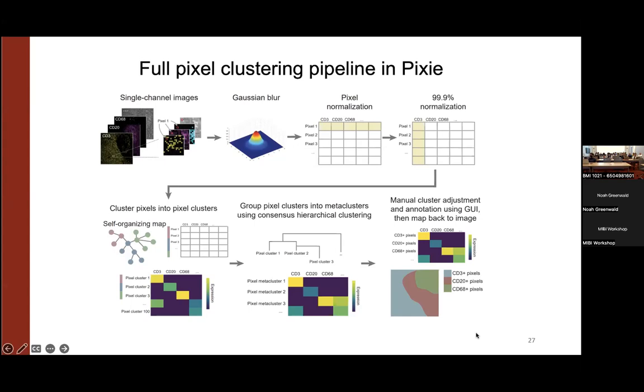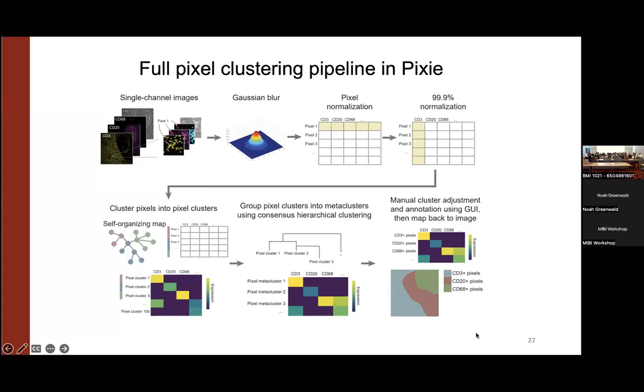And then for the final number of metaclusters, you can set the initial K for the metaclustering to be like 15 or 20, depending on how many things you expect to see. But really, when you're assessing that final heat map, that will give you the best idea of how many metaclusters are actually in your data, because in the heat map you want each metacluster to be defined by one or two markers, or whatever your phenotype is.